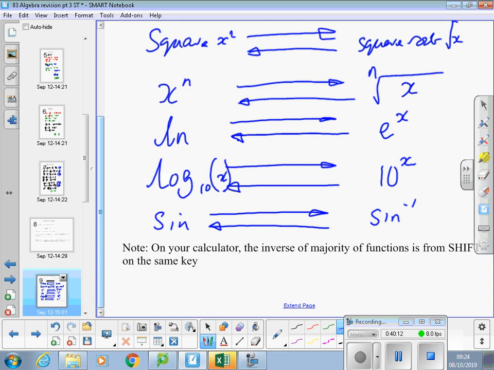The really common ones are separated onto their own keys, but in the case of ln and log and sine and cosine functions, they're on the same key as the shift function inverse. One thing to point out is that sine to the -1 of x is not 1 over sine x. So don't fall into that trap. That is not true.